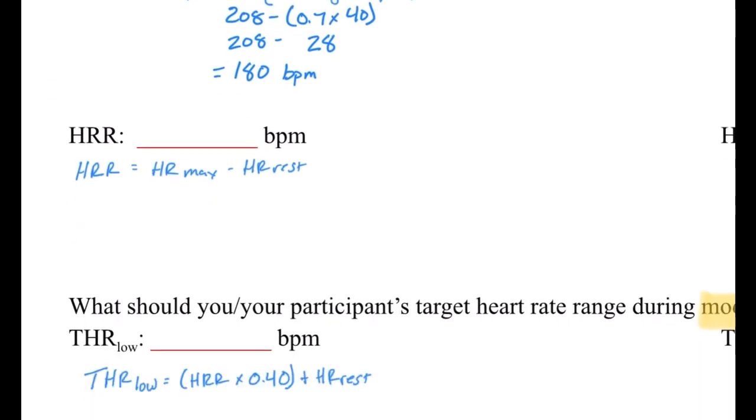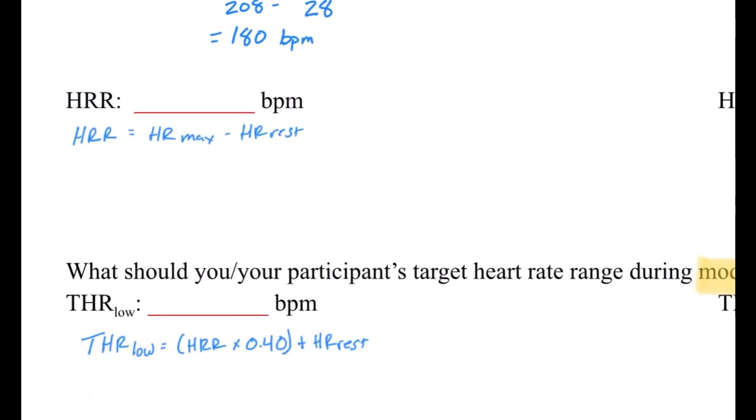All right, next we have to calculate my HRR, which stands for heart rate reserve. Here's the equation for that, and this is also in the lab manual documents, in the worksheet for calculating target heart rate range. So HRR, heart rate reserve, equals HR max, which we just calculated: 180 beats per minute.